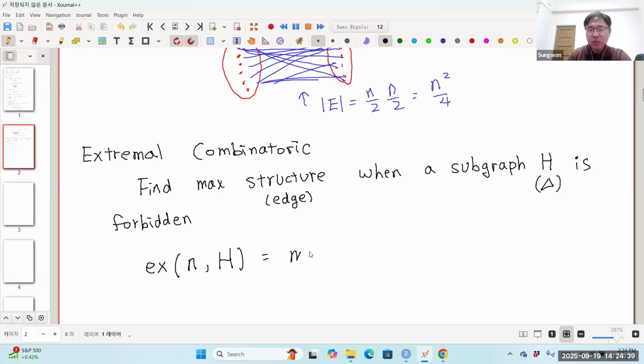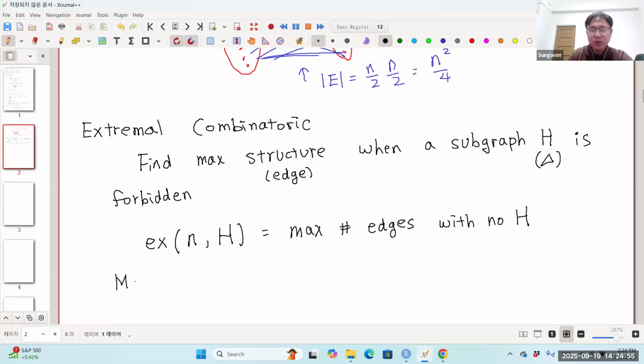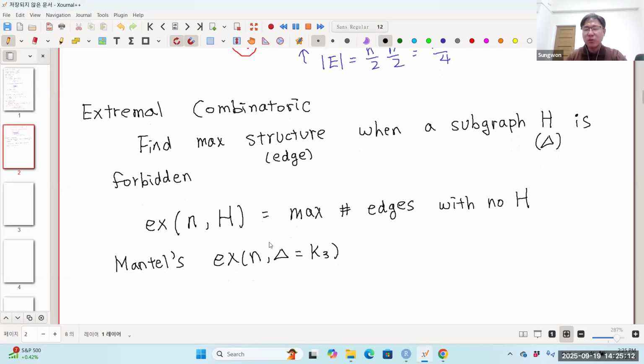So this is the maximum number of edges with no H. And Mantel's theorem would be EX(n, triangle). The triangle you can call K3, the complete graph with 3 vertices, or you can say it is a cycle on 3 vertices.